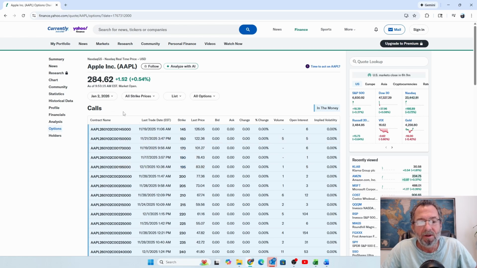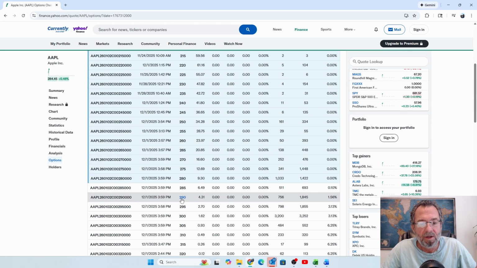So naturally, for basic covered call option selling, you want to sell a strike price above what you paid for it so you make money. So on January 2nd, I'm going to sell back to the market an option at a strike price of, we're going to scroll down here, $285. Well, I want to make a little bit more. I'm going to go to $290. So I'm going to sell it at a $290 strike price.